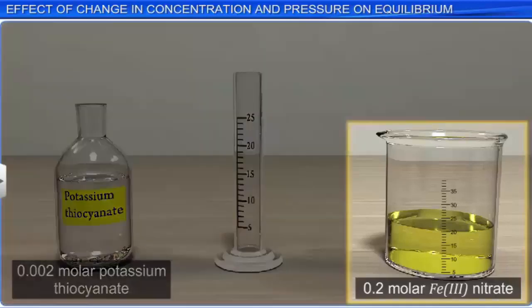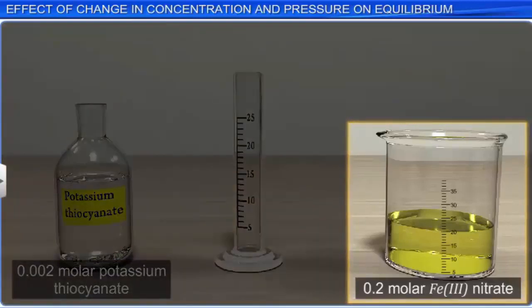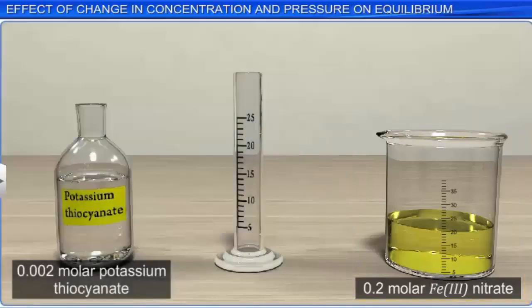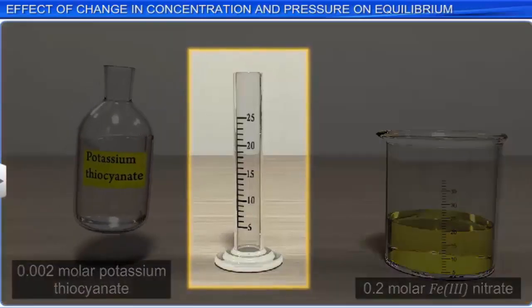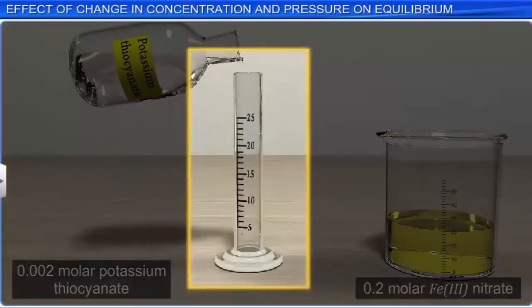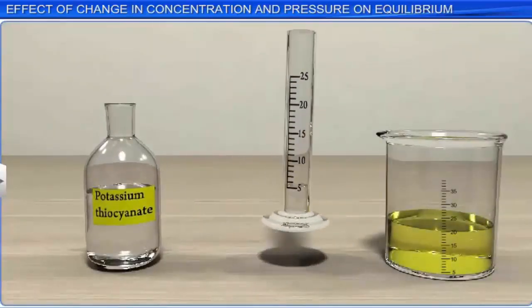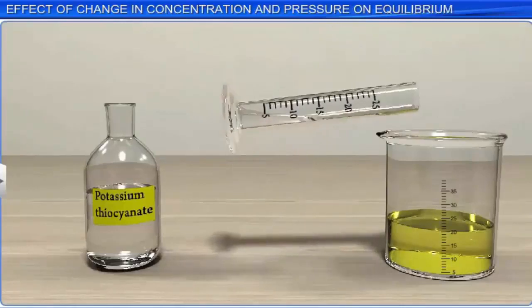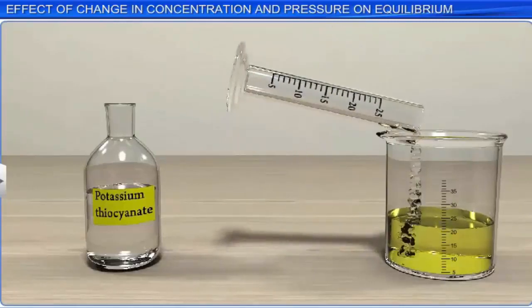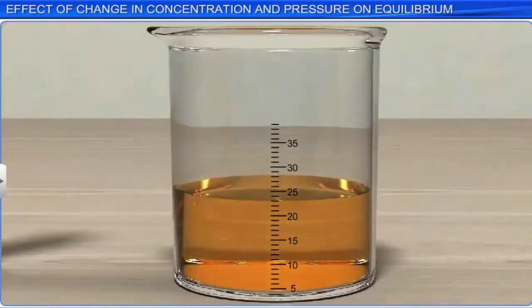In a beaker, take 20 ml aqueous solution of 0.2 molar iron 3 nitrate. It is pale yellow in color. When 5 ml aqueous solution of 0.002 molar potassium thiocyanate is added to it, the color of the solution changes from pale yellow to red.